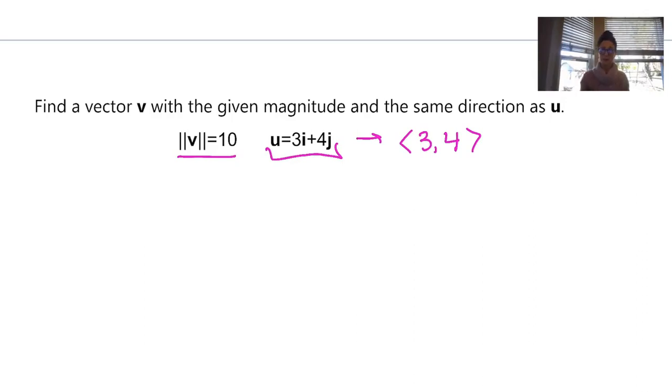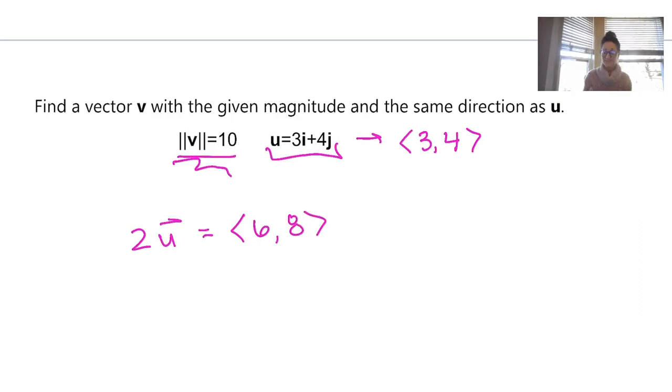So we know that this given vector has magnitude of 5. We want it to have magnitude of 10, so what could we do? We could multiply everything by 2. So if I take 2 times the vector u, that would just give me ⟨6, 8⟩ in component form.